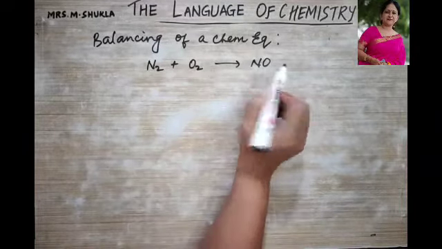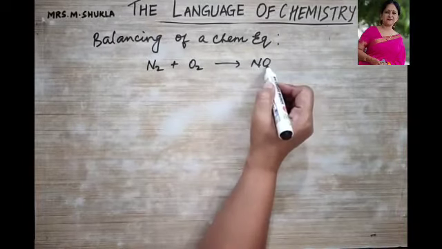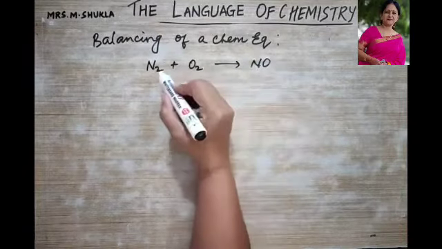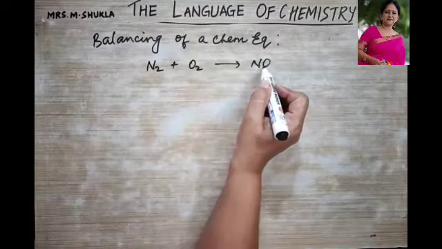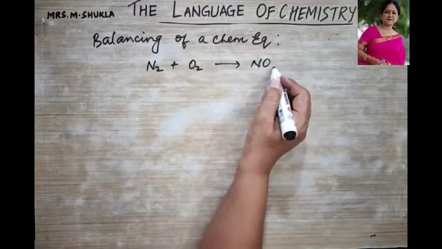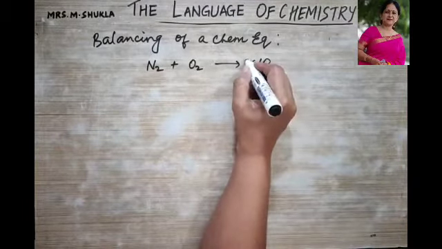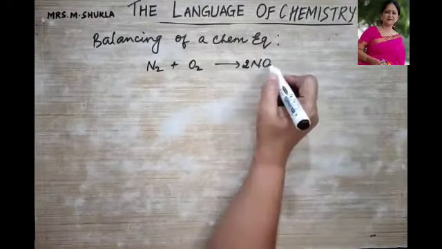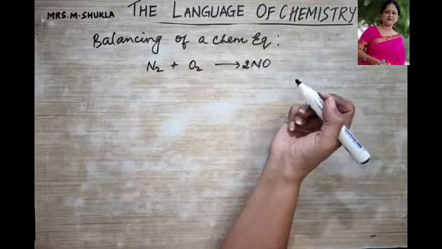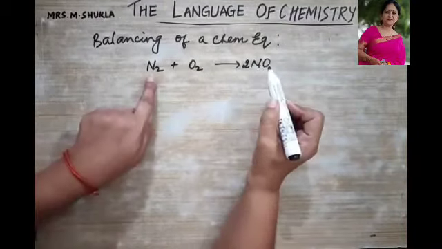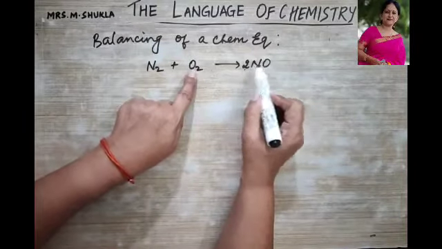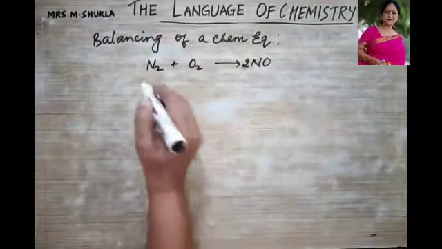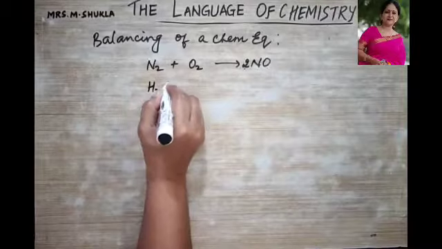Here we have 1. Oxygen is 2. Here we have 1. So 2 nitrogen we require on the product side, and oxygen side also we require 2. So what do we write? We write 2 in front of nitric oxide. So now it is balanced: 2 nitrogen, 2 nitrogen, 2 oxygen, 2 oxygen. Clear? Let's take another example.